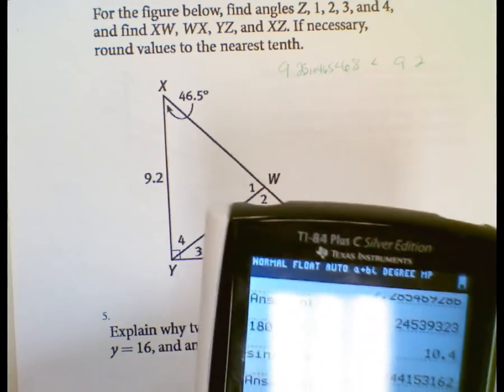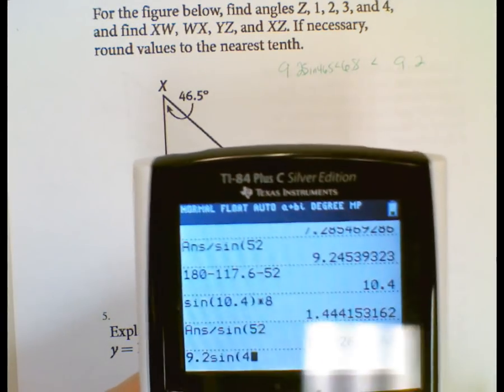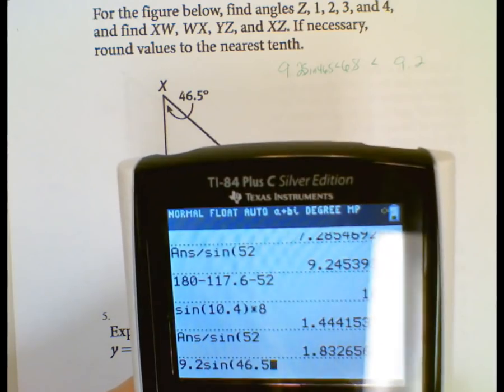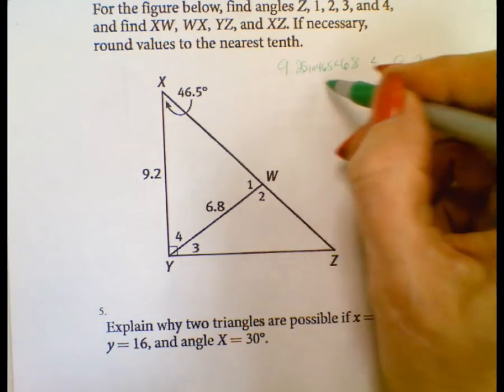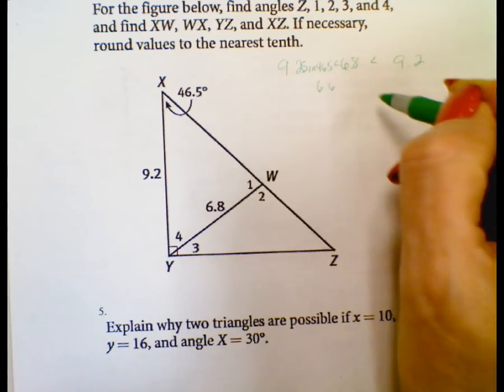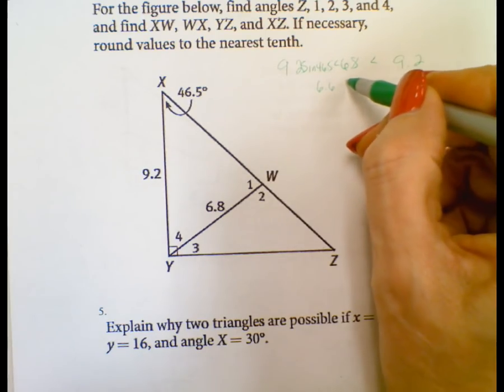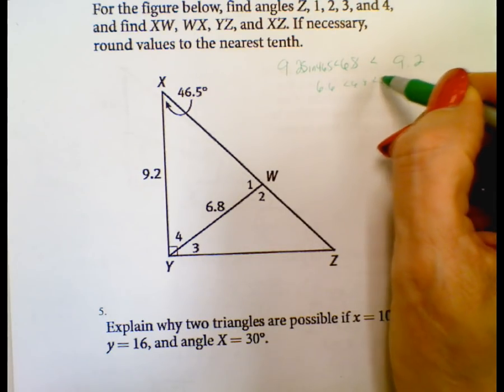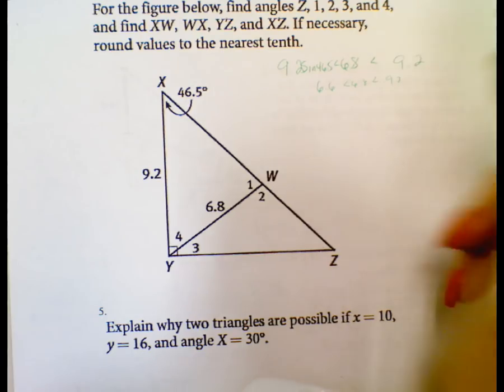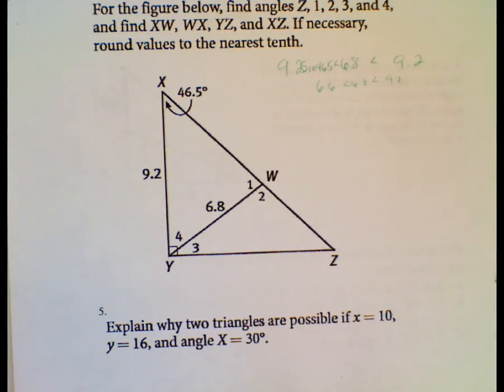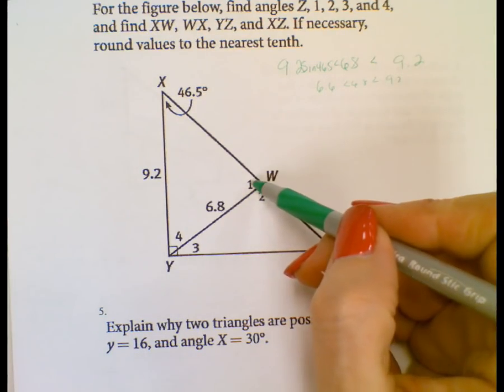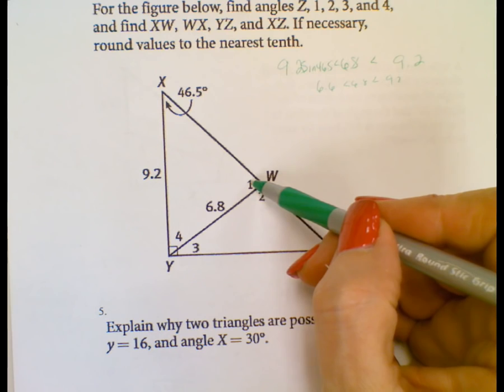9.2 times sine of 46.5 equals 6.6. According to this, there is actually two answers. There's two answers for angle 1.